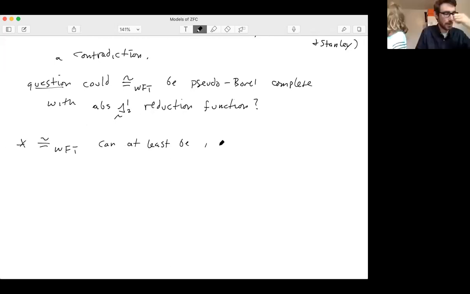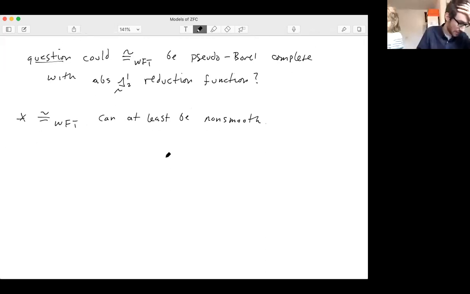I have an intermediate example, but if it has exactly omega 1 many equivalence classes, then of course that's to the side of smooth. But let's do one that has continuum many equivalence classes and is still non-smooth.